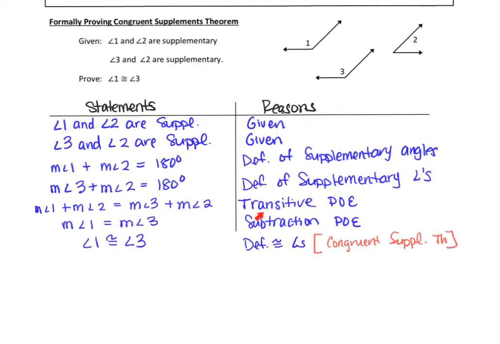You will use the transitive property a lot when you're trying to do formal proofs, so just be looking for it on a regular basis.